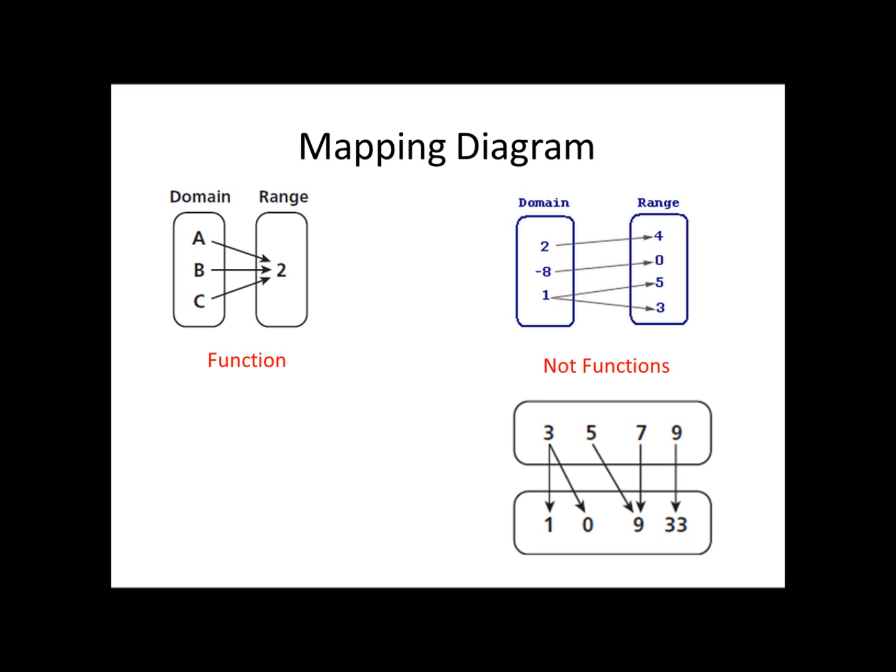So the domain value 1 in the blue mapping diagram points to both the 5 and the 3. That's not a function. That means that there's a repeat in our domain. In the bottom example, the 3 has 2 arrows coming from it. That means it's not a function. There are 2 arrows pointing to the 9 in the bottom box. That's okay. That doesn't stop it from being a function.